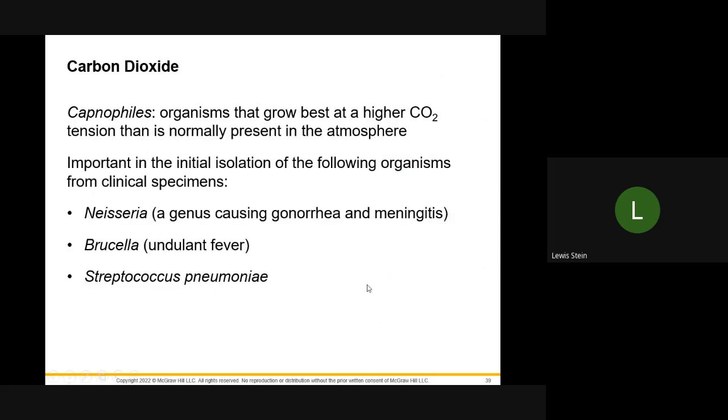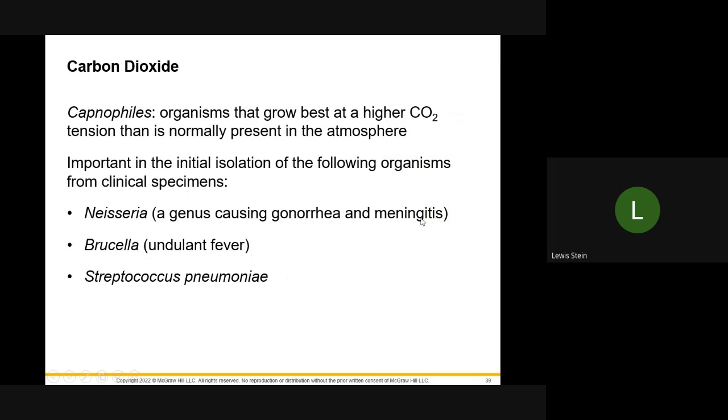Capnophiles, higher CO2 tension. This is the problem with isolating these. Strep pneumoniae functions in this way most of the time we see it. It's the leading cause of bacterial pneumonia. Neisseria gonorrhoeae, another one, very, very hard to cultivate.